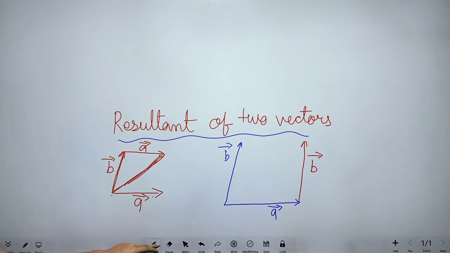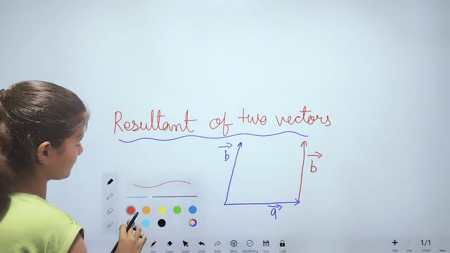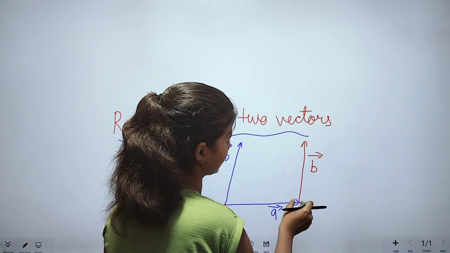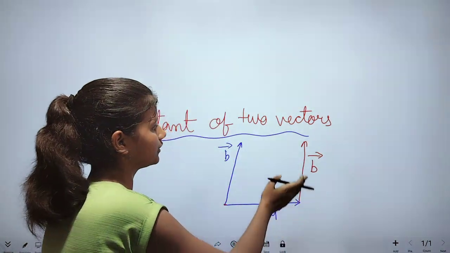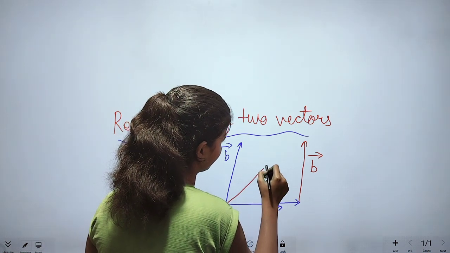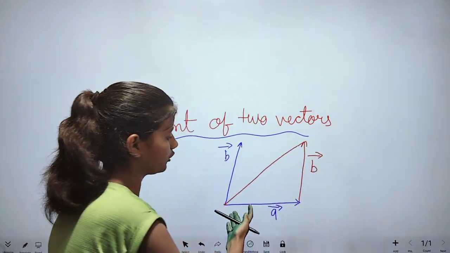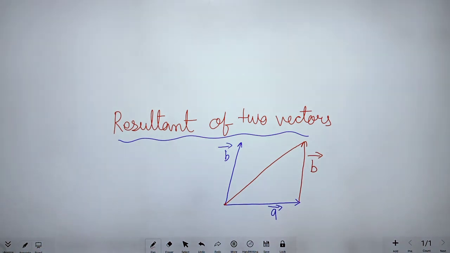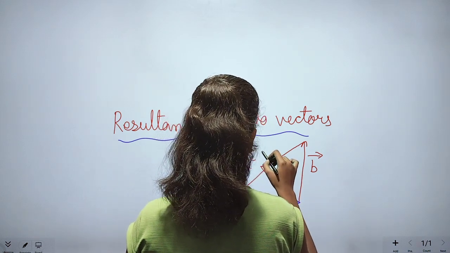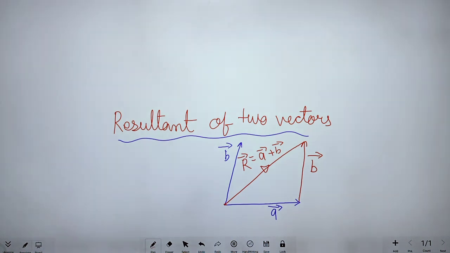It gives the resultant. This one is R vector, which is equal to A vector plus B vector. Resultant simply means a sum.